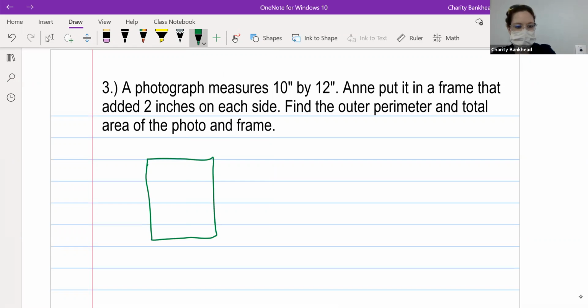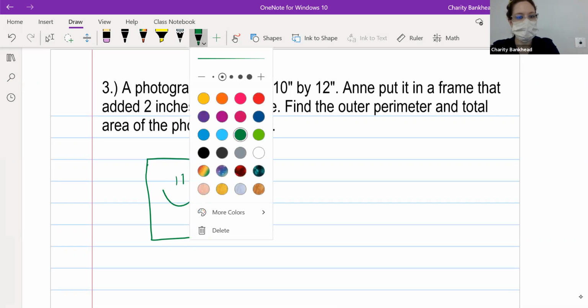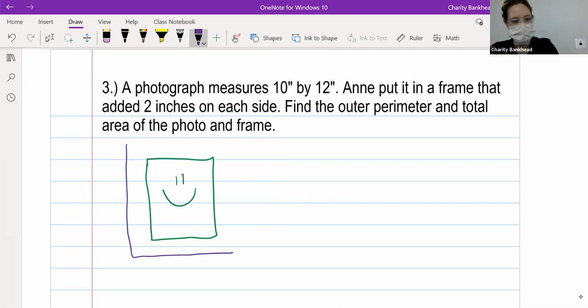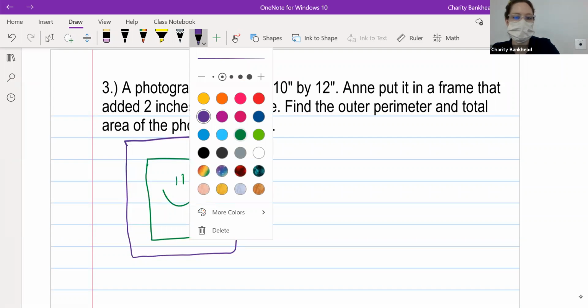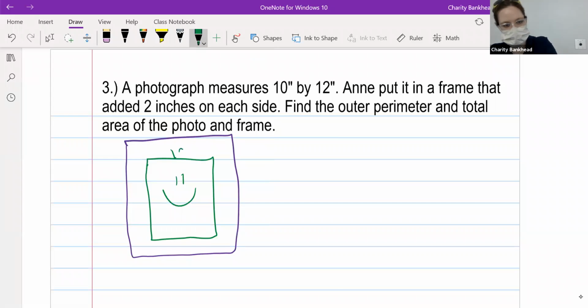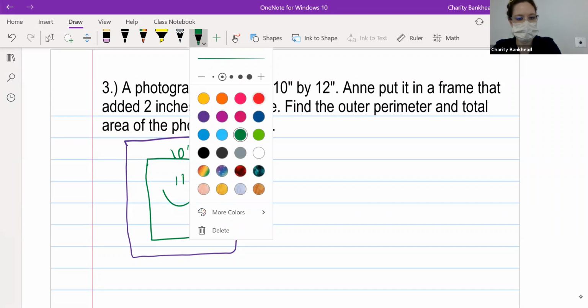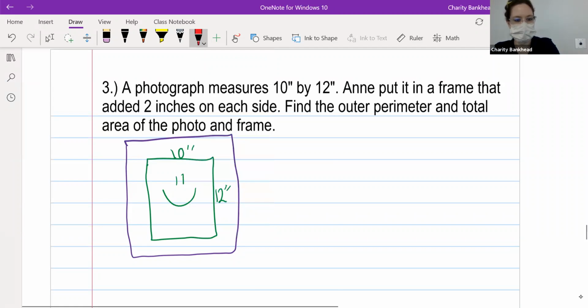Okay, so let's say that's the photo. And here's the frame around it. So that's 10 inches and that's 12 inches. And it added 2 inches to each side.